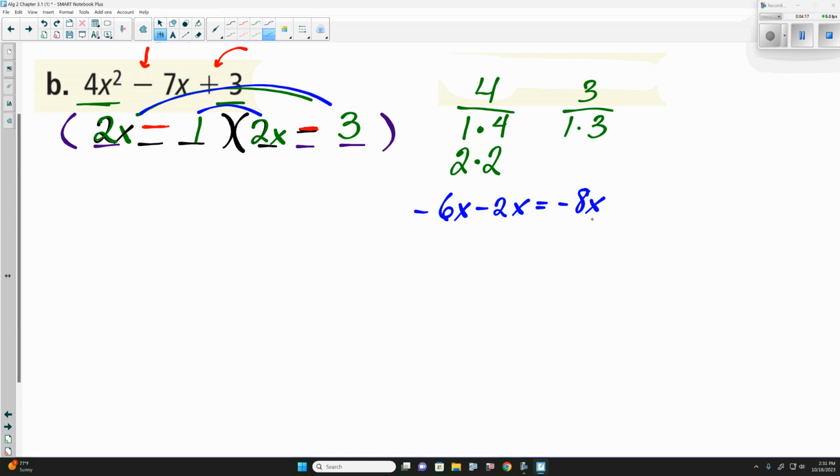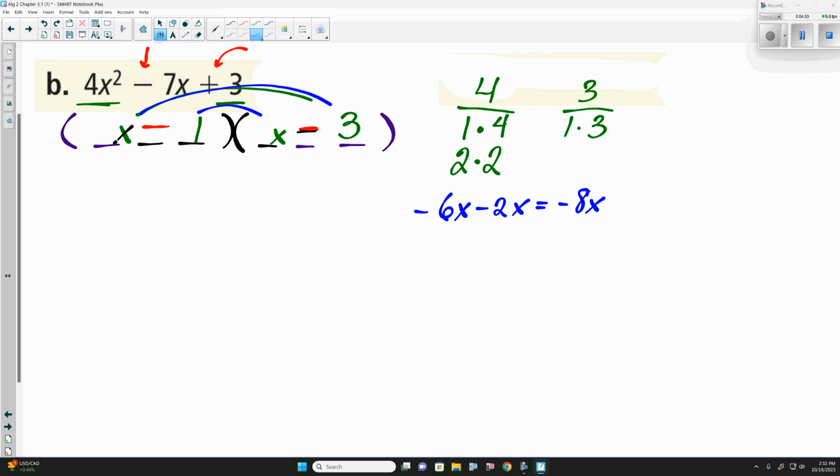I mean, we could try switching the 1 and 3, but that's not going to cause anything to change because the numbers in front of x are both 2 and 2. So we can try 1 and 4.